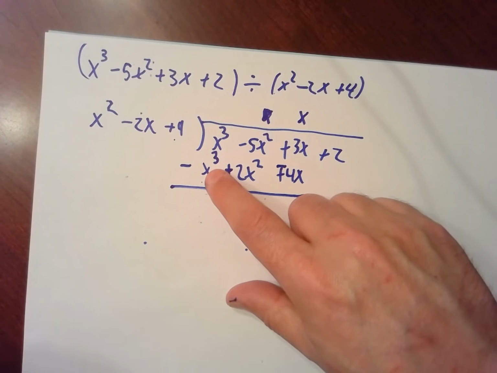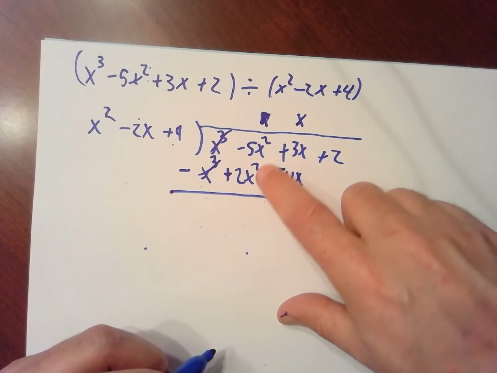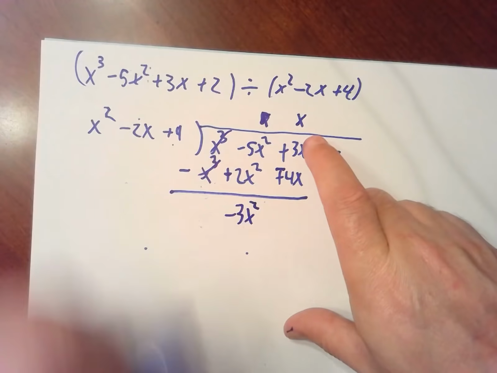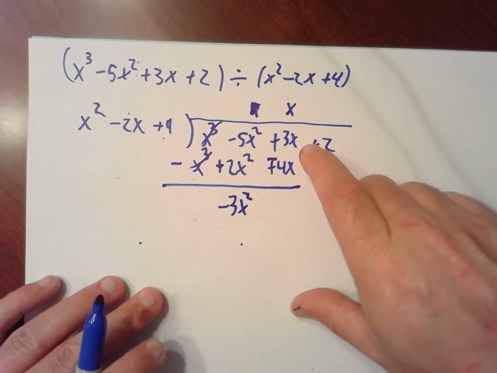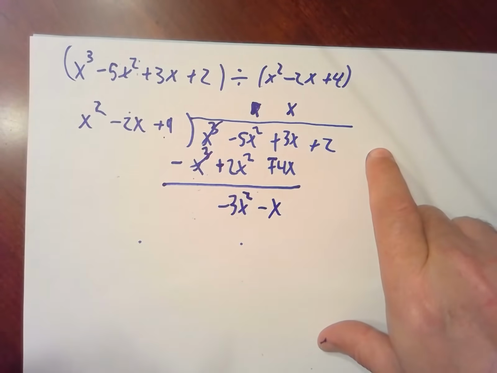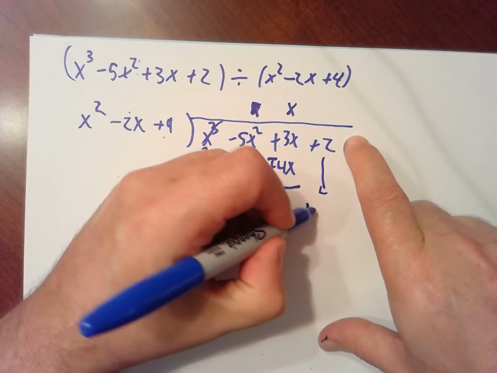These first guys cancel out. They better. Negative 5x squared plus 2x squared would be negative 3x squared. 3 minus 4 would be negative 1x or negative x. And always bring down the next guy.